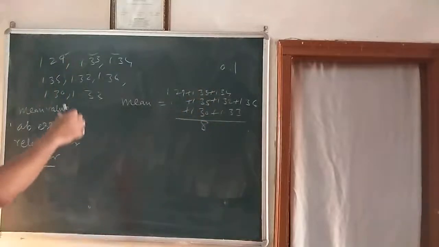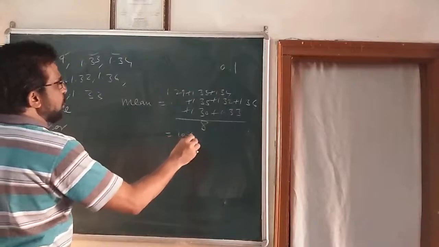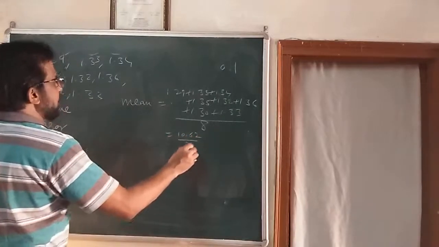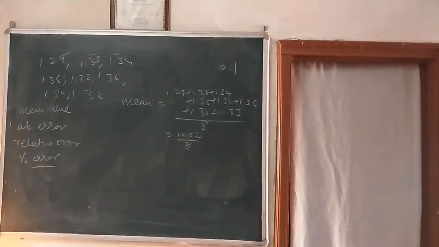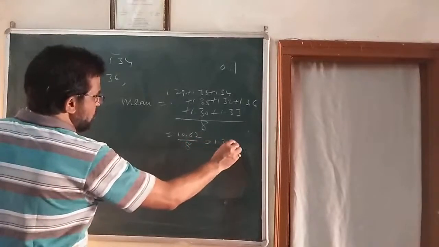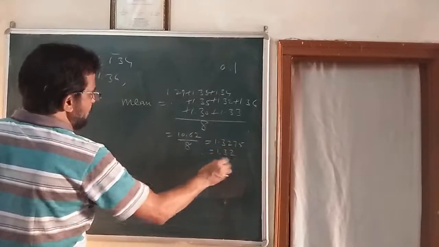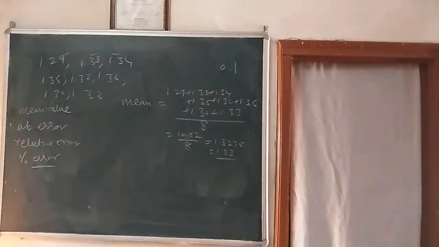When you add it up, that will be around 10.62 divided by 8. So you will get something like 1.3275. So we may write around 1.33. So this is the mean value. Add all of them and divide by the total number of readings.